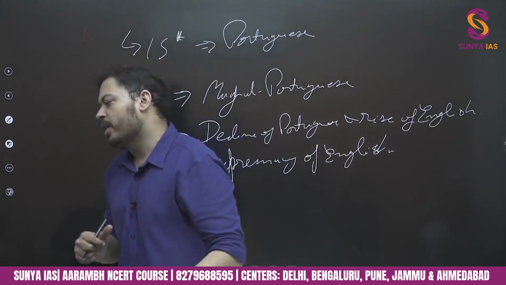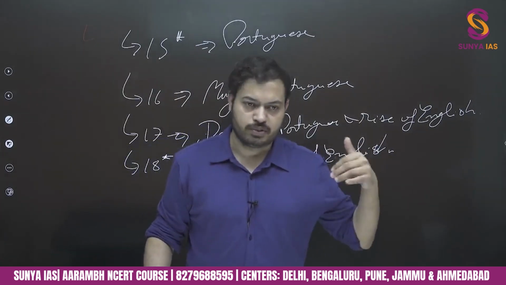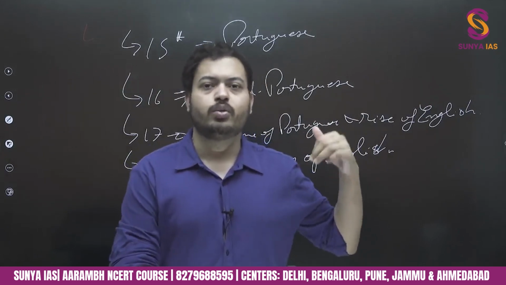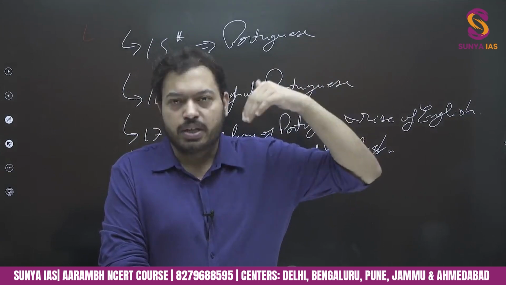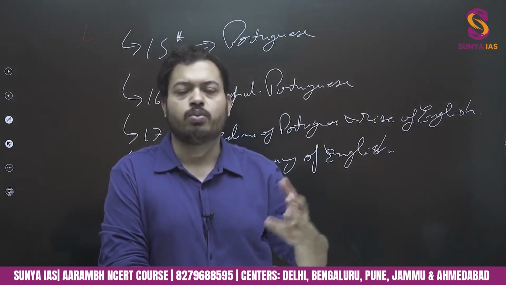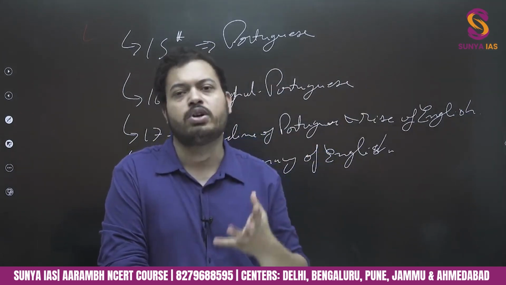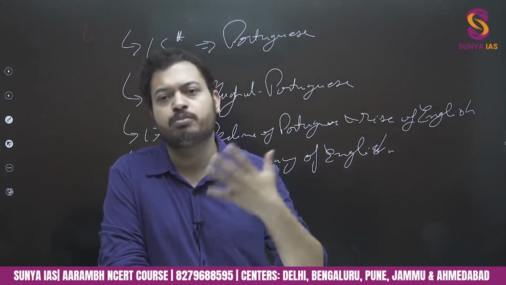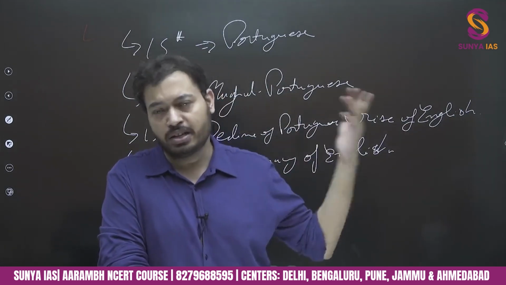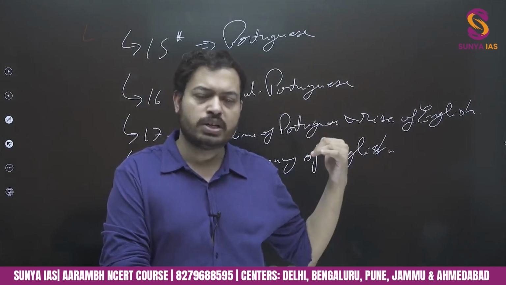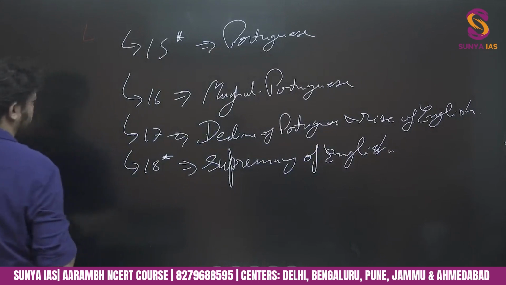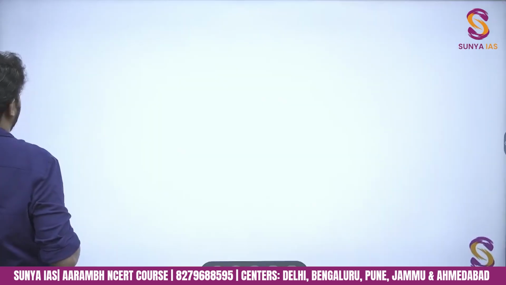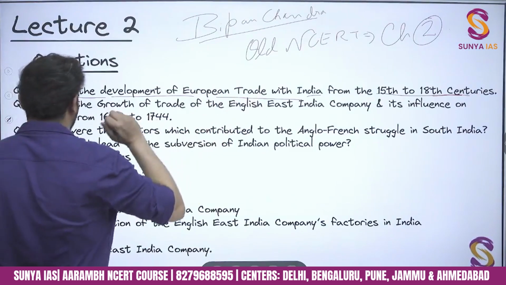Once you are done with lecture number 3, which we are just going to start now, you will be able to add a few more points, like what the products in the trade were, what India was producing, what we were importing, and what we were exporting. Those things will be covered in the upcoming lecture, so it will be easier for you.